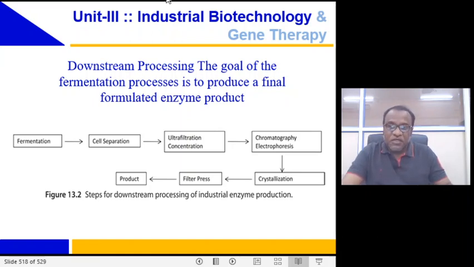Right. So this figure shows the basic steps followed during the downstream processing of the microbial enzyme production process. This shows that extracellular enzymes are more desirable for industrial applications for the reason that, number one, they are more economical as per downstream process, and number two, it is easier to obtain the final product.